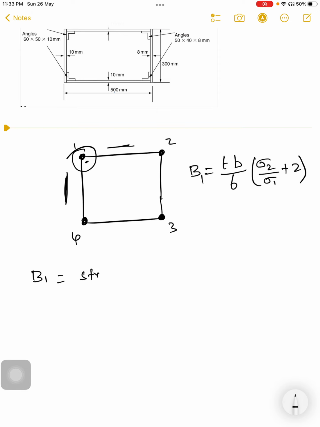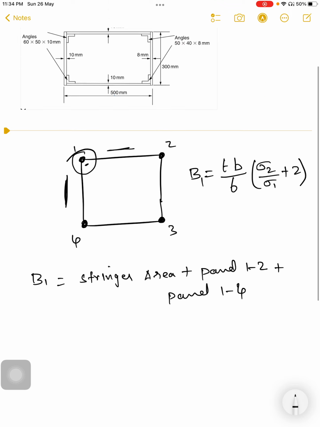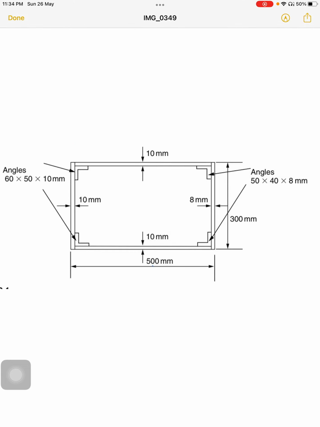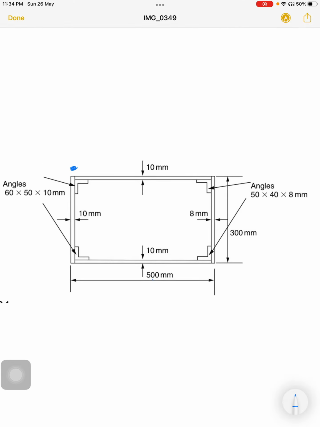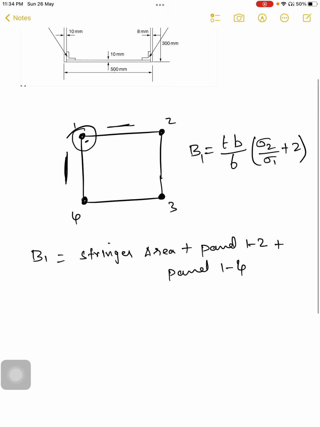stringer area plus panel 1 2 plus panel 1 4. The stringer area, we have seen the stringer area, this L bend, so I can write it here.